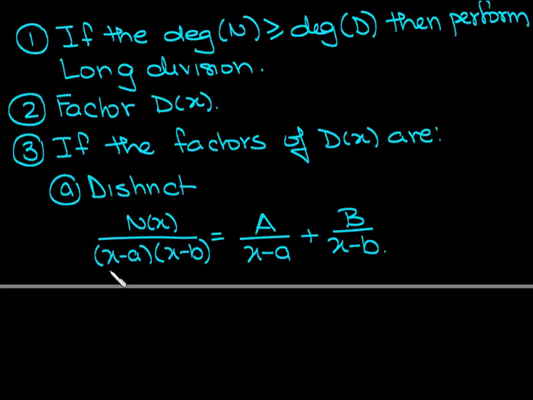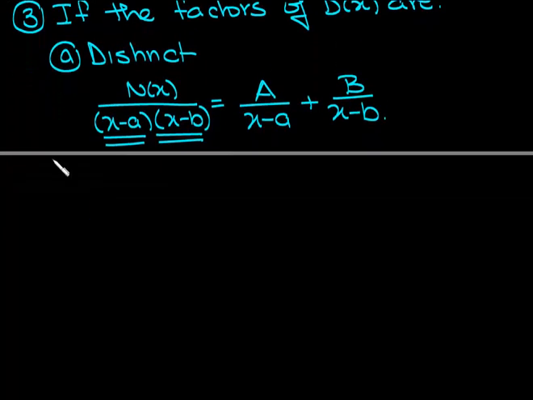So if you have a rational expression like this with two distinct factors, then it'll eventually look like this: capital A over the first factor plus capital B over the second factor. I'll give you examples of all of this in a minute. I'm just using two factors for these examples, but you could have more.